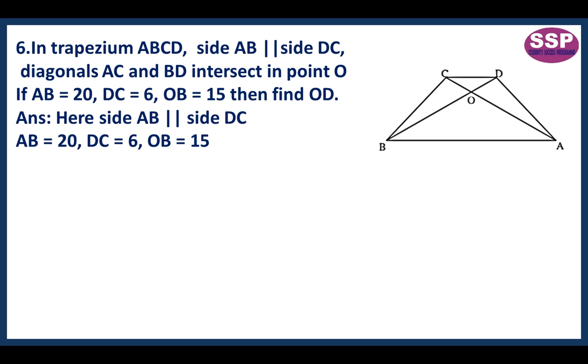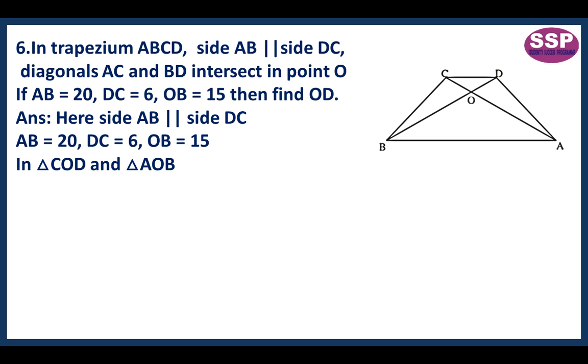Now, as usual, we have to show two triangles similar, of which the information is given. See, AB, DC, OB are the sides of triangle COD and triangle AOB. Now we have to show these two triangles similar by using given and observed conditions.